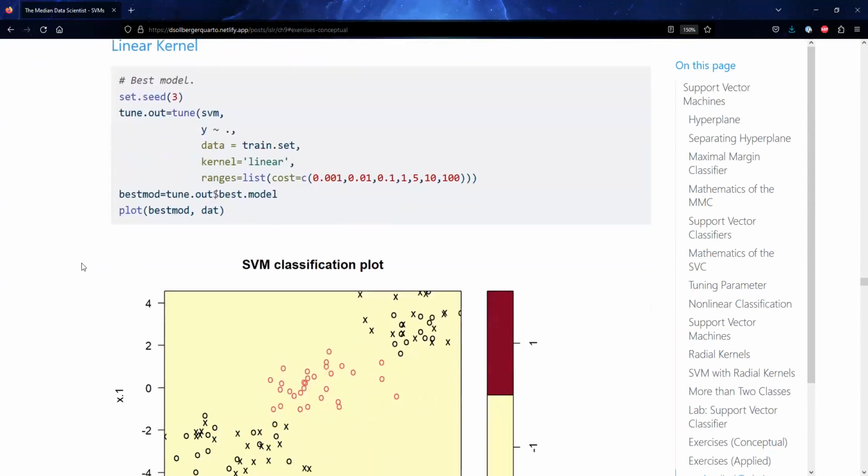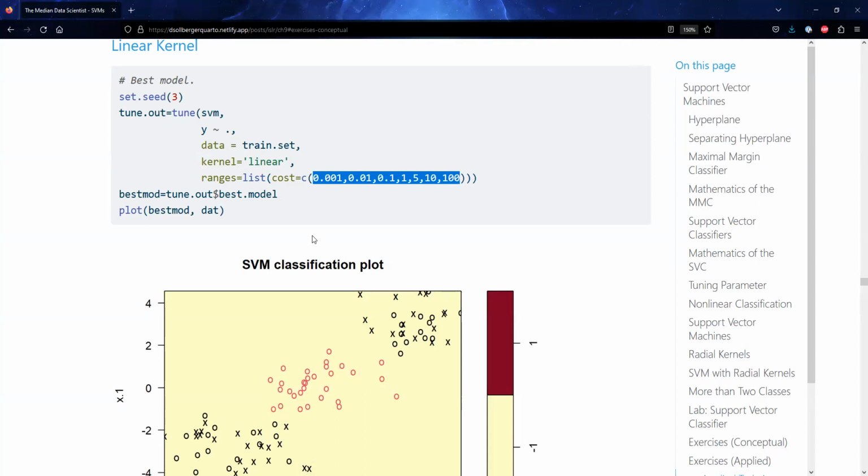So for a linear kernel, literally putting the word linear in the code, since we will later worry about the bias-variance trade-off, we could perform some cross-validation by suggesting various levels for cost.